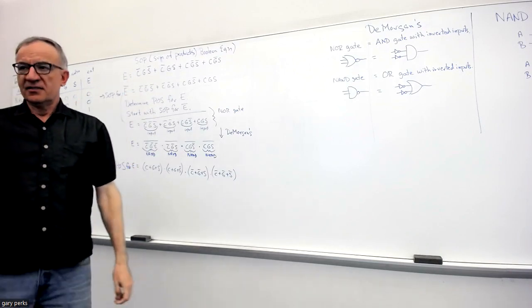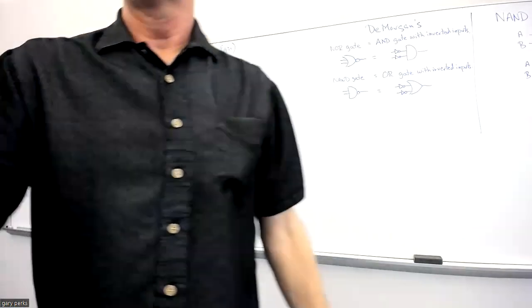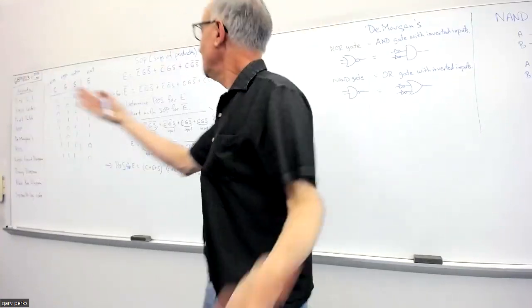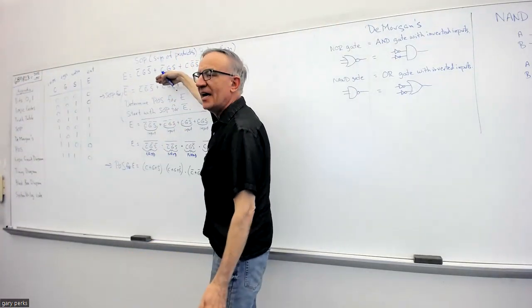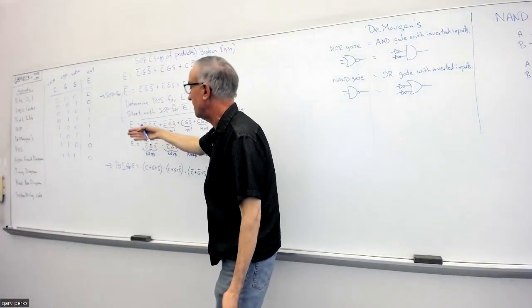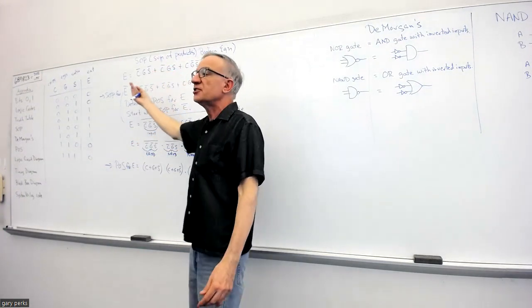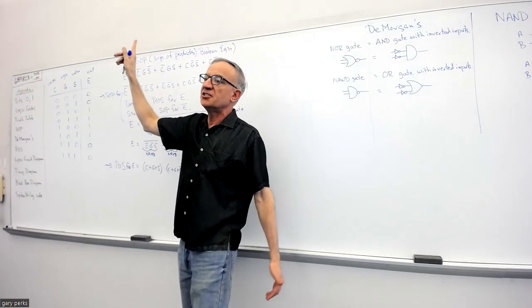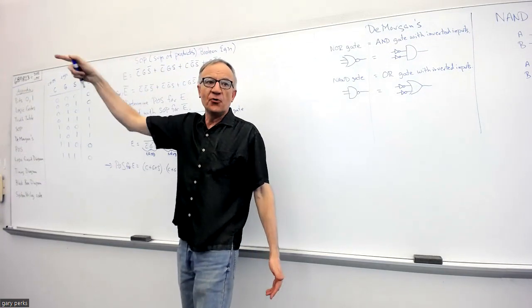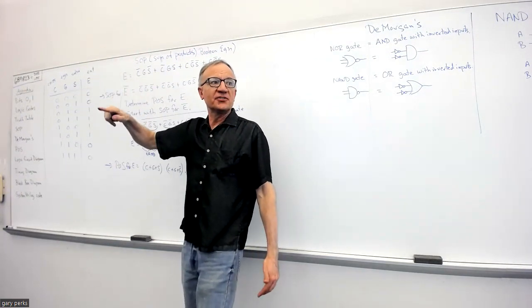Just invert all the different variables and then switch the multiplication to plus. Yeah, exactly. To go from SOP to POS, and for that matter, to go POS to SOP, because you can go both directions, you just invert everything, change ORs to ANDs and ANDs to ORs.